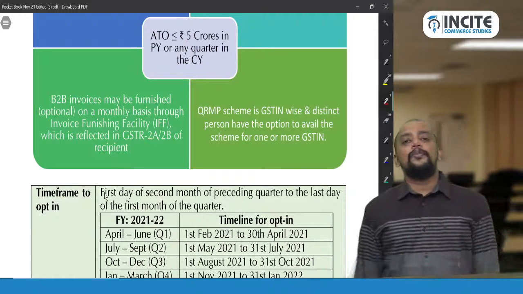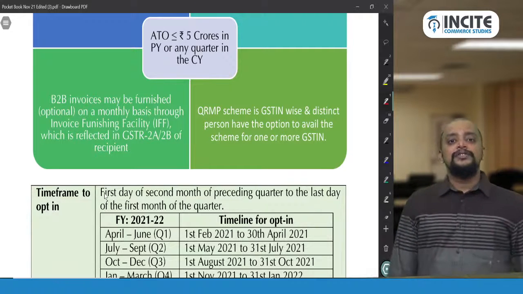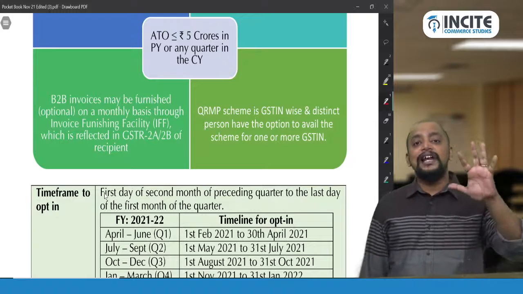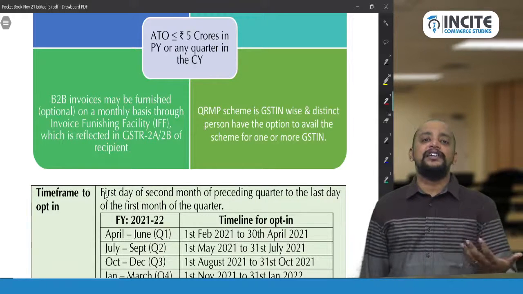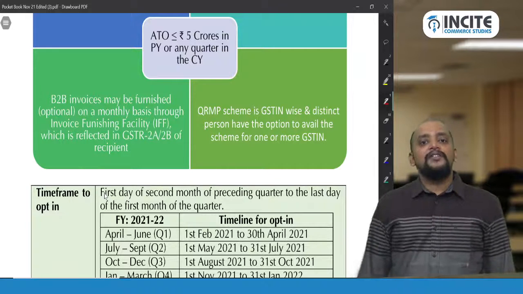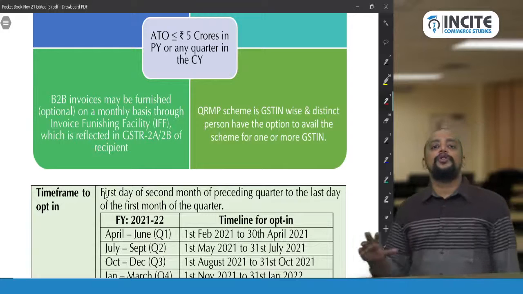But to avoid that complexity, they have brought the invoice furnishing facility to be filed on a monthly basis. This IFF has one disadvantage: only 50 lakhs of turnover can be entered into IFF. Which means we need to choose among our buyers whom to enter, because the total should not go beyond 50 lakhs.